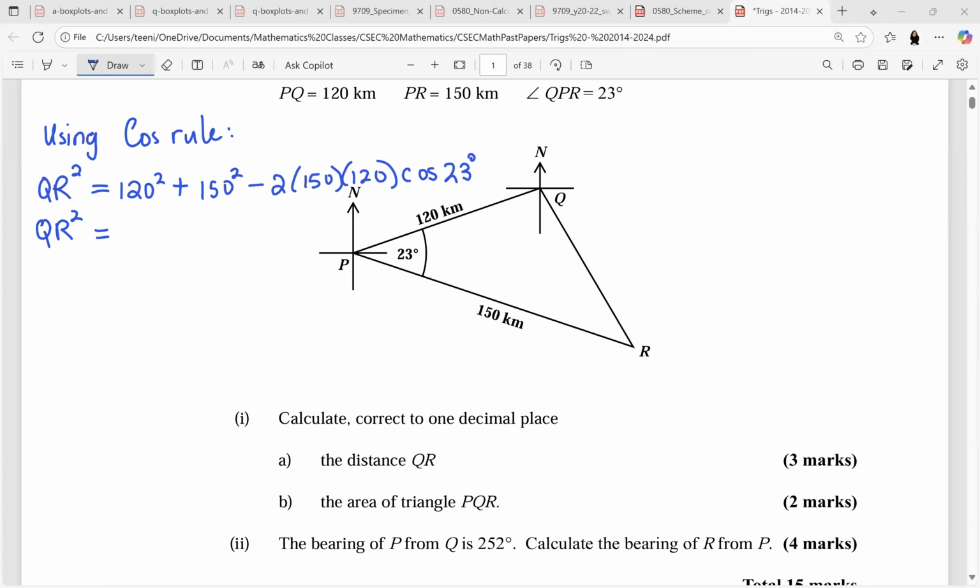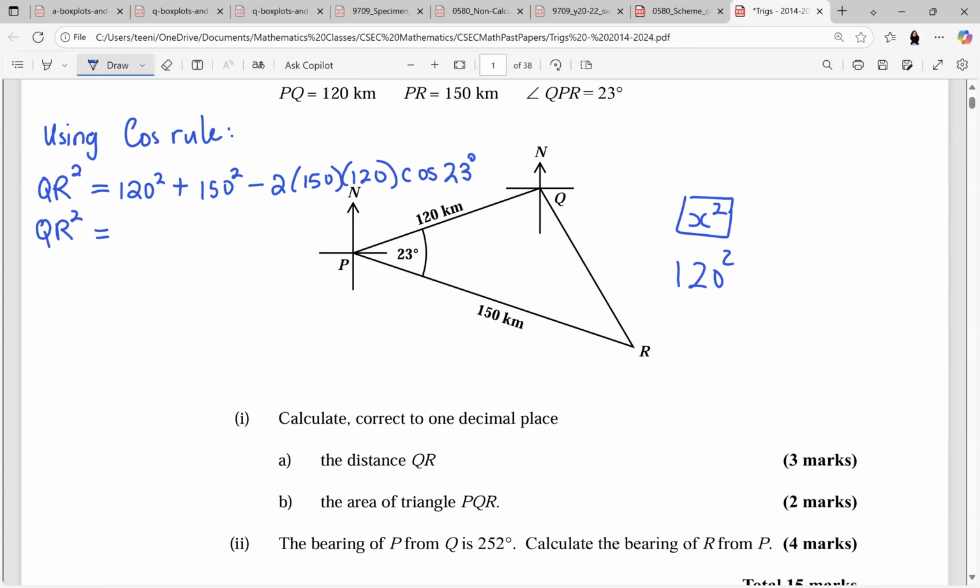You could either press 120 and then press the key on your calculator that has x squared, or 120 squared literally means 120 times 120. So any one of those would give you the correct answer. So do any one of those and tell me what you get.